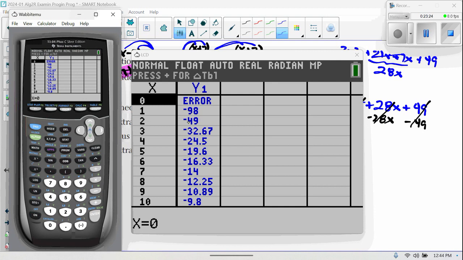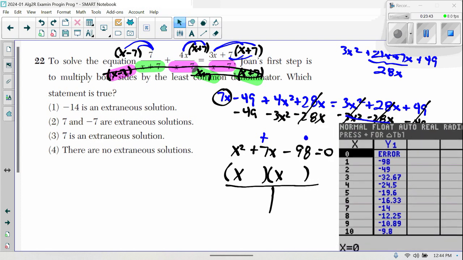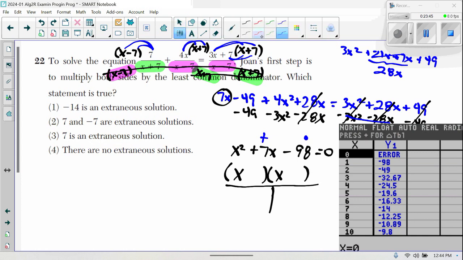2 times negative 49. 3 is a decimal, so it's not a factor. They have to both be whole numbers. 4 isn't a factor, 5, 6 isn't, 7 is, because 7 and negative 14. If I use negative 14 and positive 7, that gives me negative 7 when I add them.